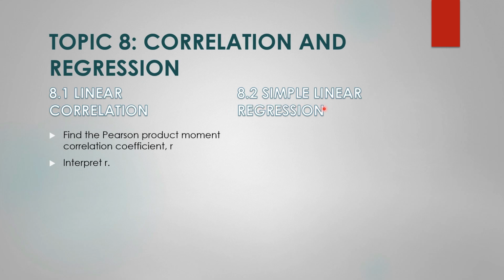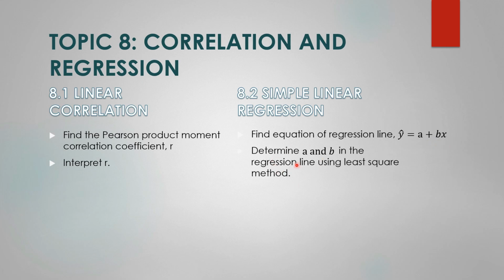8.2 simple linear regression. Under 8.2 simple linear regression, you need to find the equation of regression line, which is y hat equals a plus bx, and then you need to determine a and b in the regression line using least square method.